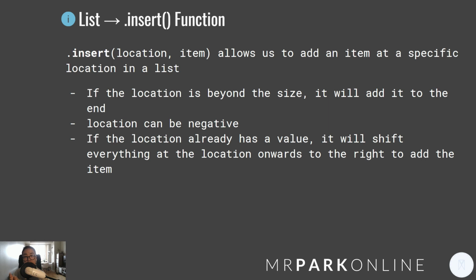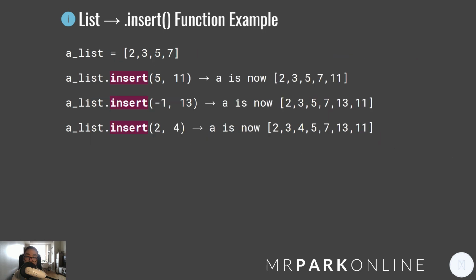and actually insert your value at that correct location. Okay? So if we were to look at some examples, I have a list of 2, 3, 5, and 7. I'm going to insert 11 at location 5. So 0, 1, 2, 3, right? Index 5 is not there yet. So 11 goes automatically at the end, because 5 was greater than the number of slots we have.